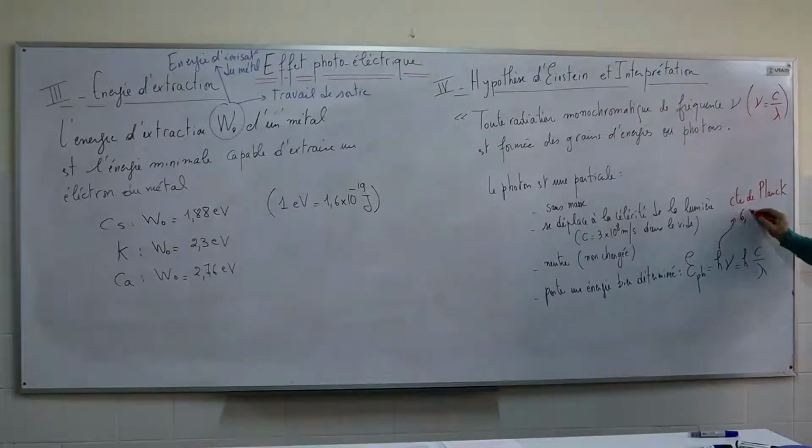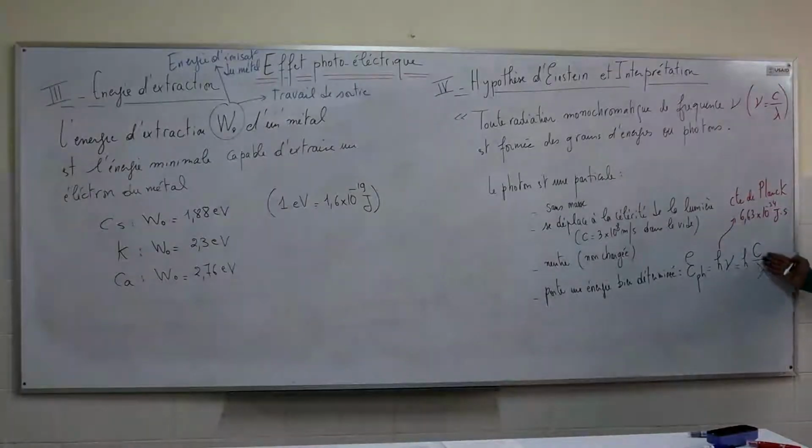Its value is equal to 6.63 times 10 exponent minus 34 joule seconds. Nu is the frequency of the monochromatic radiation, which is equal to c over lambda if the radiation is moving in vacuum.